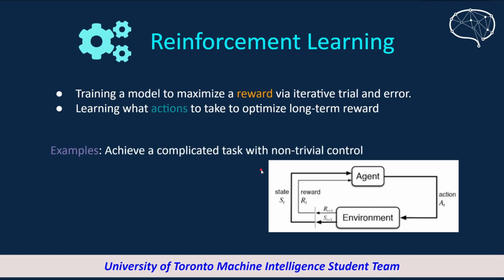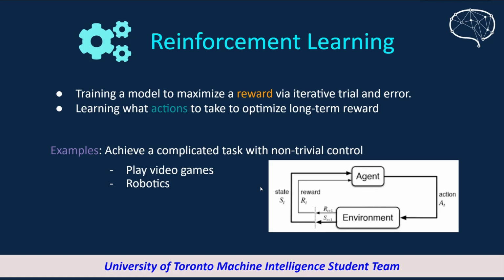So the examples of reinforcement learning could be achieving a complicated task with non-trivial control. Nowadays, many researchers are using reinforcement learning to, for example, play video games and do some simulation. It's massively used in robotics because for robotics control, the environment is very complicated, and often we're dealing with very complex control methods.